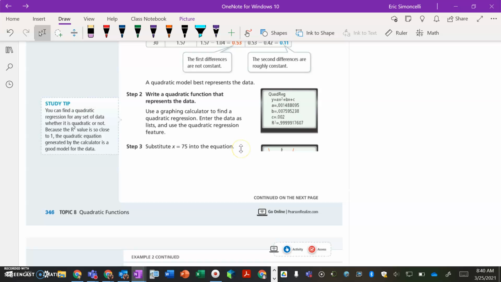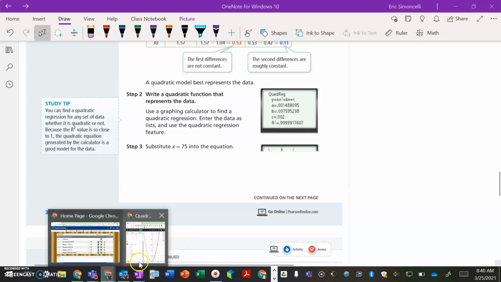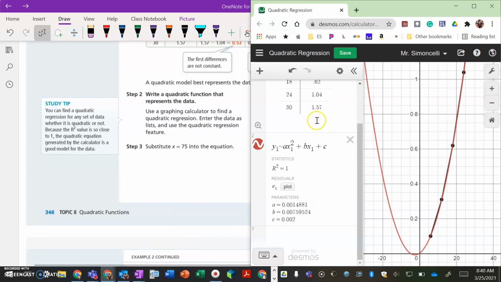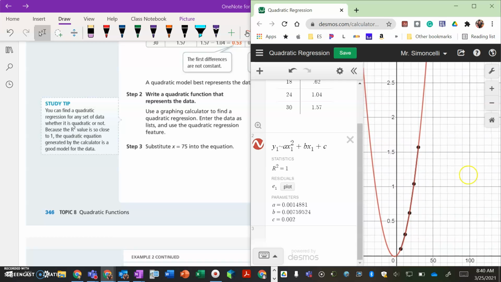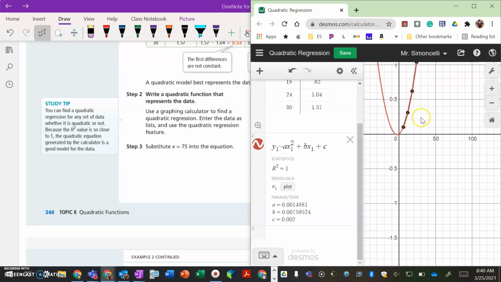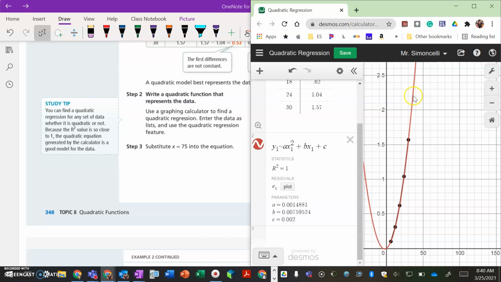Substitute x equals 75 into the equation, which you can do. If you are going to be using a different calculator to do this analysis, or if you are just to use Desmos, you could, in theory, just scroll on your graph, as I will do actually on the red curve. It's actually easiest to do it this way.